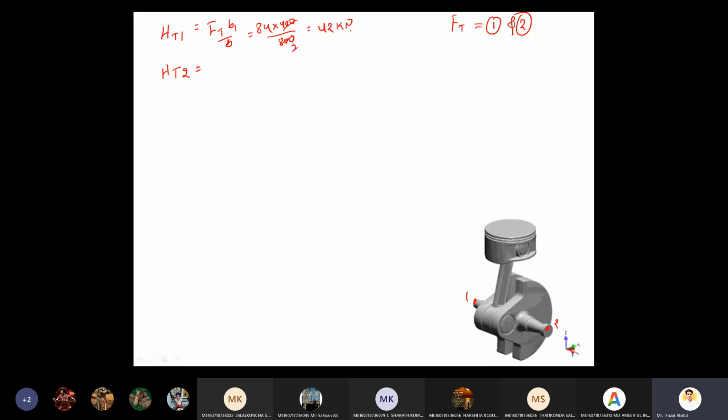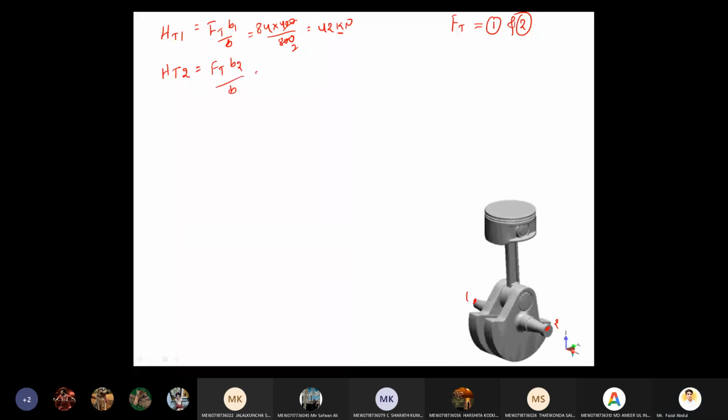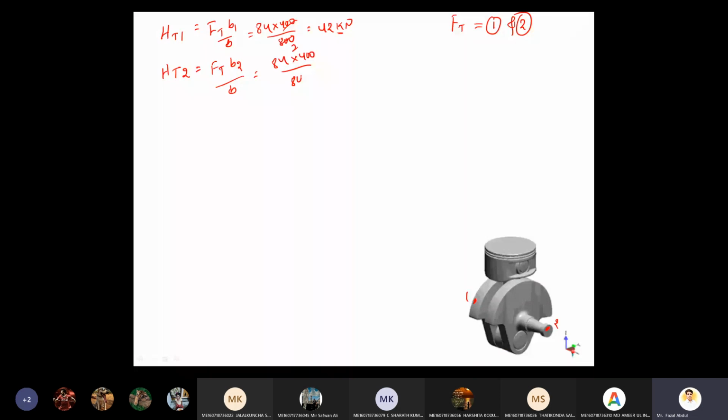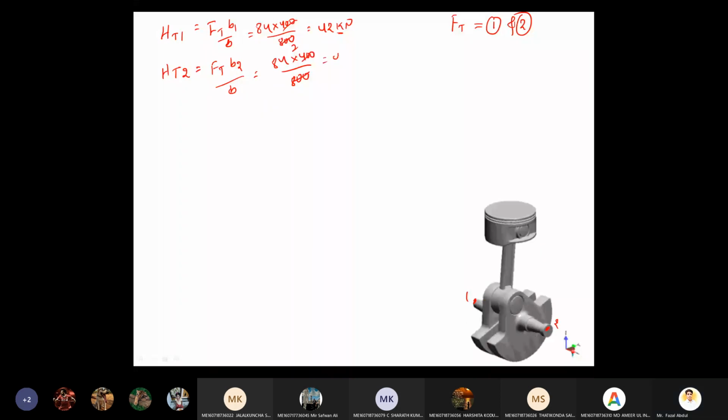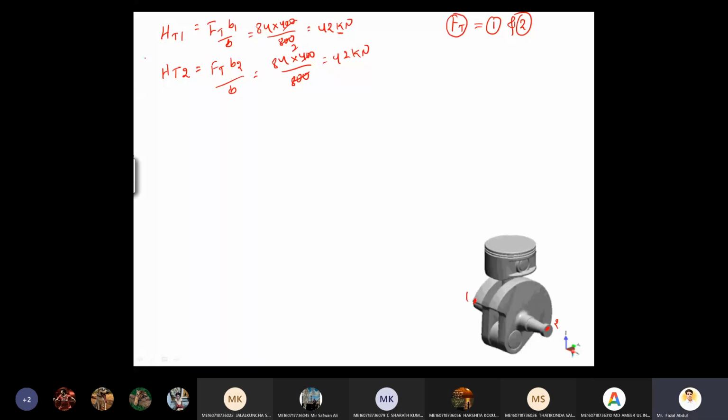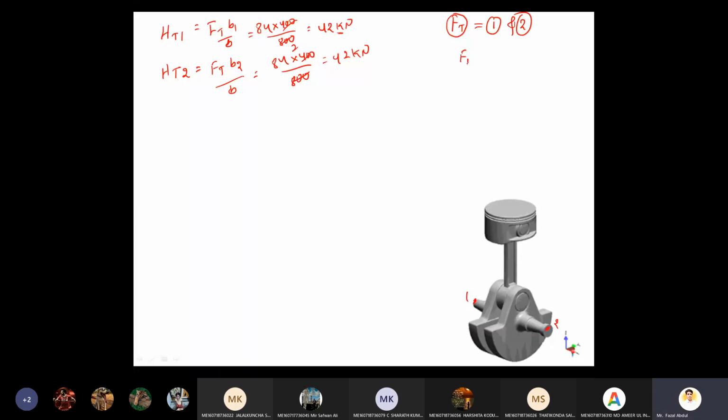Why am I writing kilonewtons? Because the 84 is in kilonewtons. And HT2 is Ft into B2 by B. So Ft is 84, B2 is 400, and because it is symmetrical B is 800, so we can expect the same answer. So HT1 and HT2 are because of the Ft force acting on the crankshaft. On the crankshaft there is another force acting due to FQ, that is Fr.